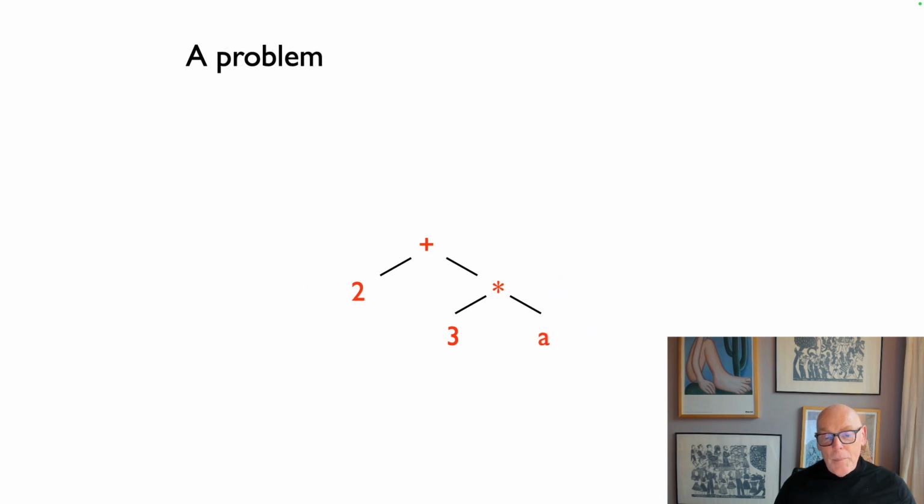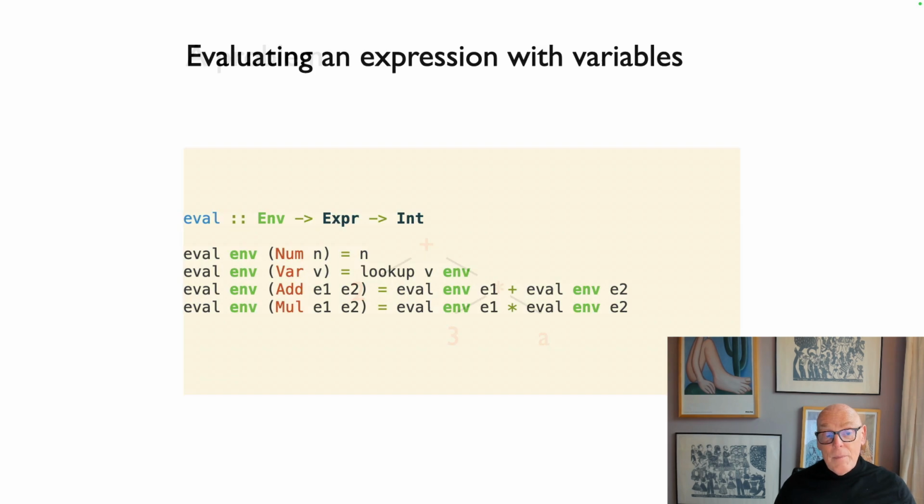But there's a problem. What if we have an expression that contains a variable? What value can you give to that variable? Well, what we do is we say we will evaluate the expression in the context of what we call an environment. And an environment is something that carries values of variables. And so now we pass that environment around as part of the evaluation.